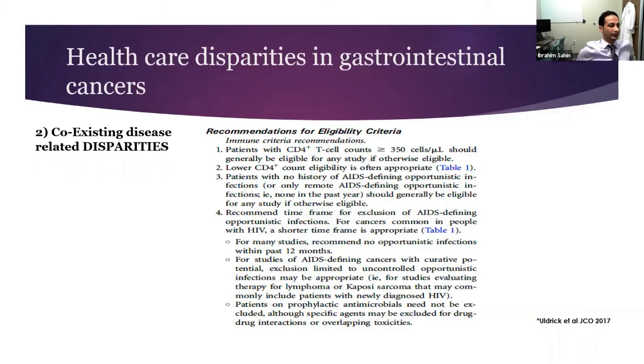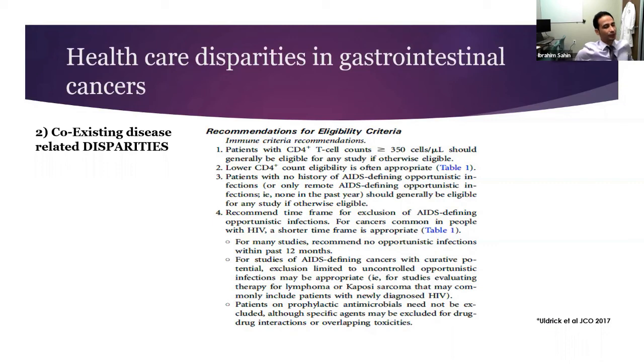Now, based on these recommendations, almost all HIV patients with CD4 count above 350 should be included, regardless of their underlying HIV disease, unless there's another reason for exclusion. And even for patients who have lower CD4 counts, there are opportunities. For example, there are trials that may not have an impact on the immune system, and if the patient never had an AIDS-defining disease or opportunistic infection, the consideration should still be in place to include those HIV patients.